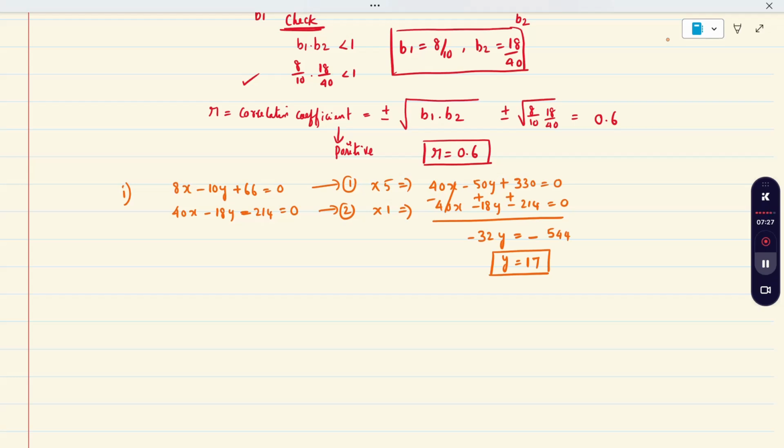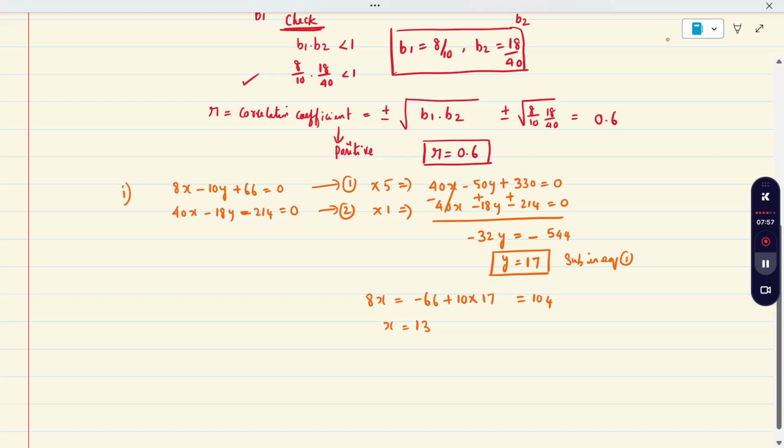I will substitute in equation 1. When I substitute it, I will be getting 8x equal to minus 66 plus 10 into y, so 17. So x is nothing but 104 divided by 8, which is 13.